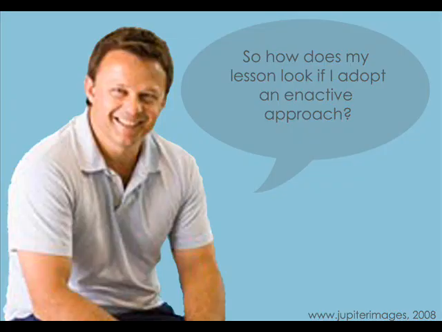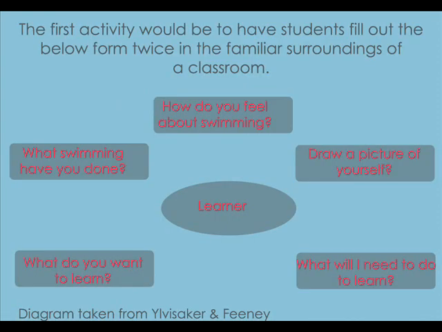So how does my lesson look if I adopt an enactive approach? The first activity would be to have students fill out the below form twice in the familiar surroundings of a classroom.